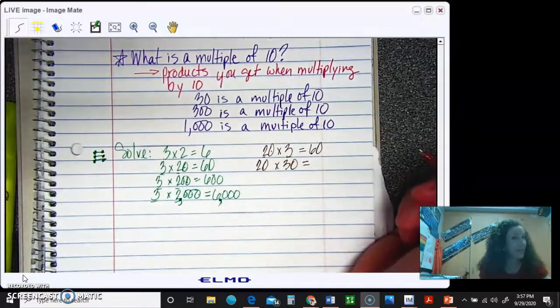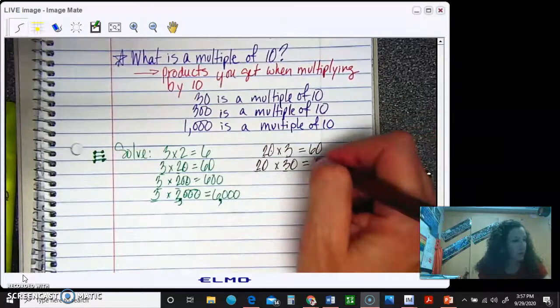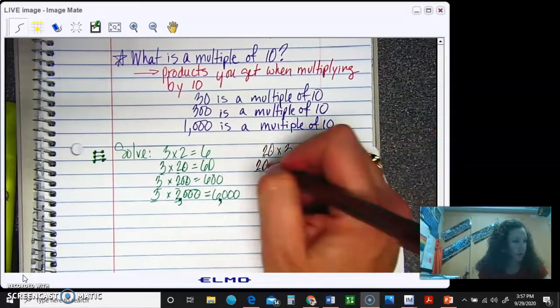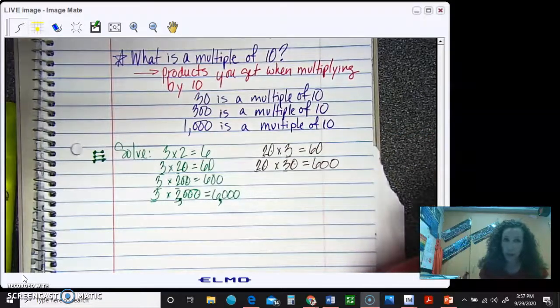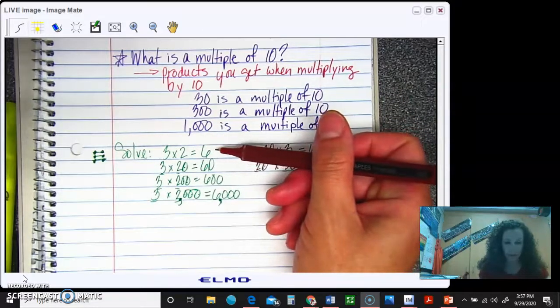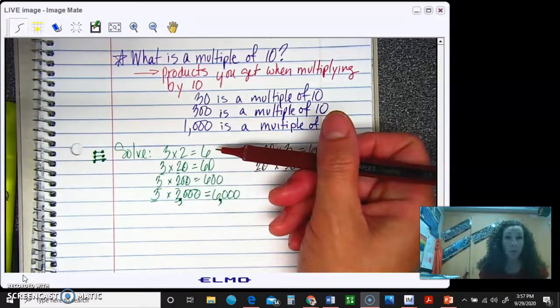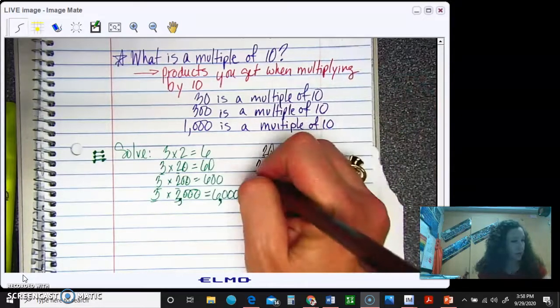Ooh, tricky, tricky. Monkey wrench thrown in, right? But it's still 2 times 3, which is 6. And how many zeros? 1, 2. See? It's patterns. It starts with this basic math fact, and it's working with multiples of 10. This stuff up here, right? So let's do another one.